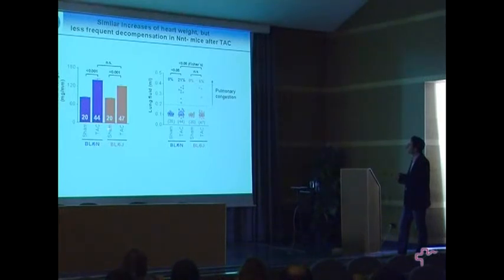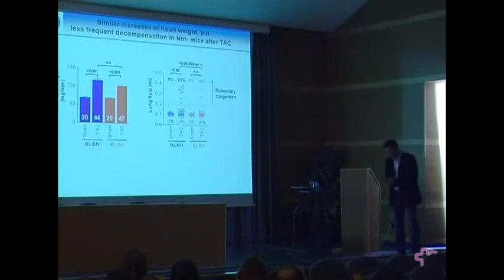And these are 44 and 47 animals and 20 shams. And there was a slight difference, but it was not statistically different. But when looking at the pulmonary fluid as an index of pulmonary congestion, we realized that 21% of these animals were decompensated in the mice that had the NNT and 6% in those that did not have the NNT.